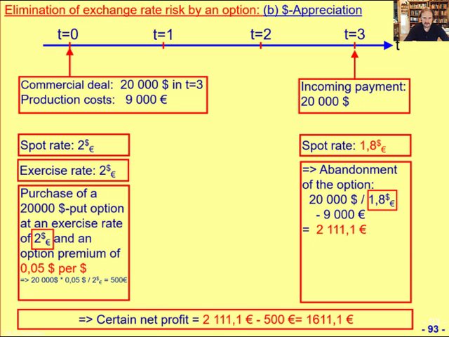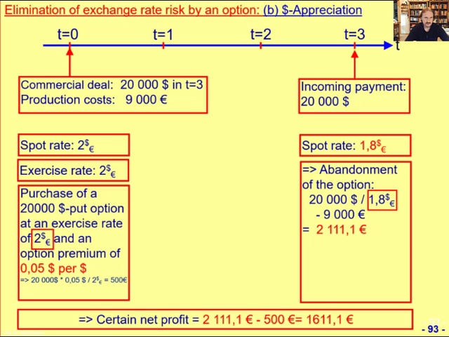In fact, such an option would combine an insurance against a depreciation of the dollar with a speculation for an appreciation of the dollar. So these examples, I think, all show that in a system of flexible exchange rates, private companies do not necessarily have to suffer from exchange rate risk.